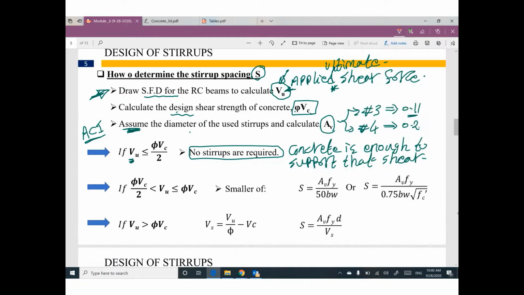Second case, if V ultimate from structure analysis is greater than phi VC divide 2, but smaller than or equal to phi VC.